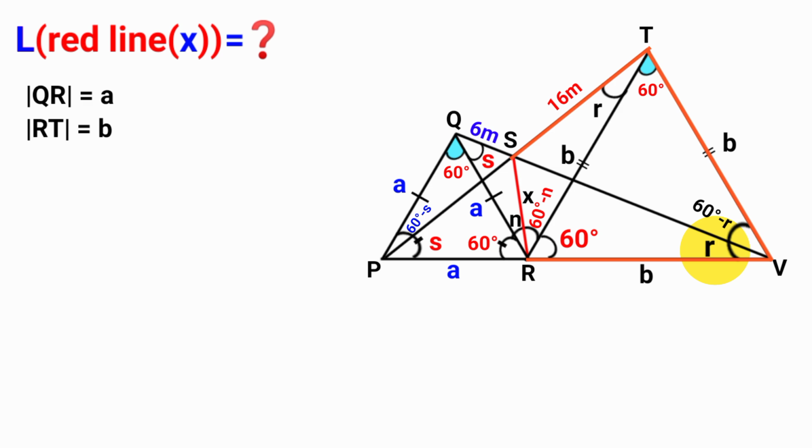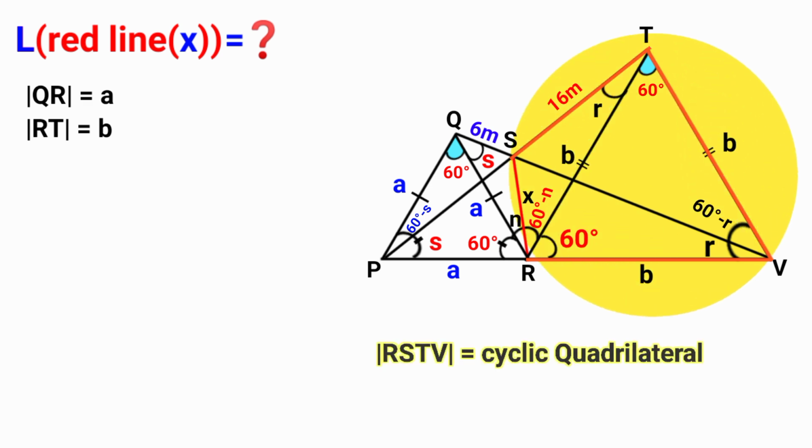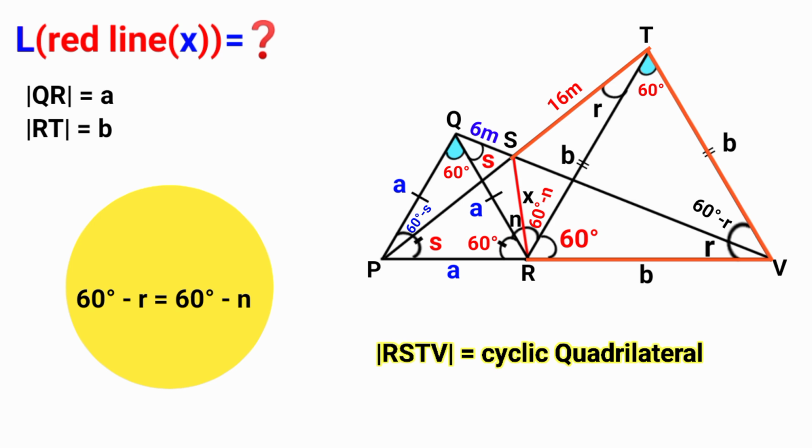That is a property of a cyclic quadrilateral, meaning this quadrilateral is a cyclic quadrilateral. So since this angle and this angle are both subtended by this side, they'll also be congruent, and we have this to be 60 degrees minus R, while this is 60 degrees minus n. Therefore, 60 degrees minus R equal to 60 degrees minus n.